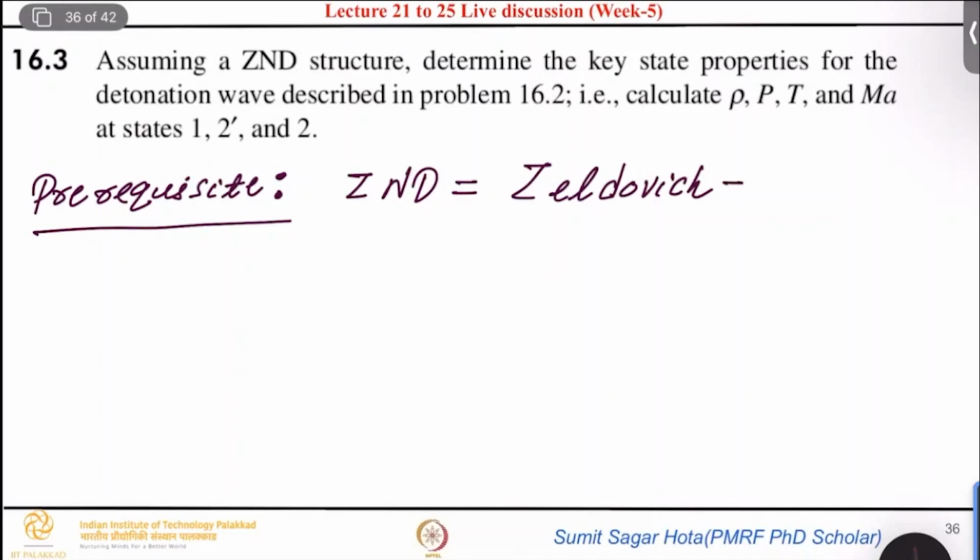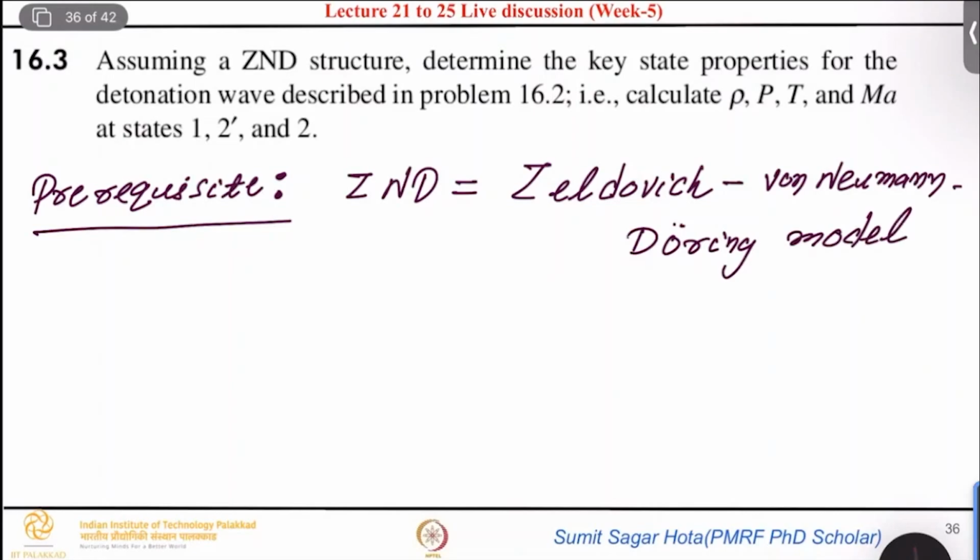Z and D means Zeldovich and von Neumann and Doring model, or shock structure.